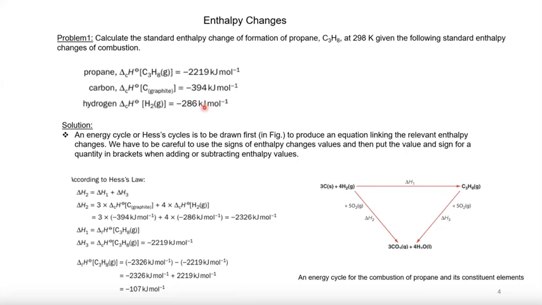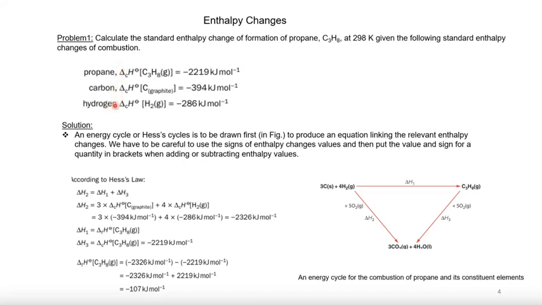In this example, we have to calculate the enthalpy change of formation of propane at 298 Kelvin. The following enthalpy changes are given to us.